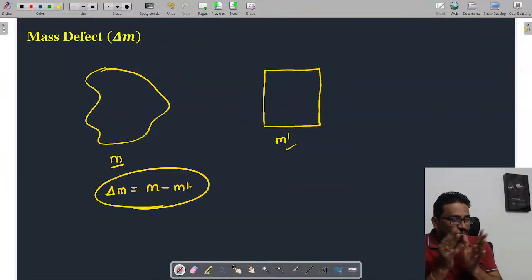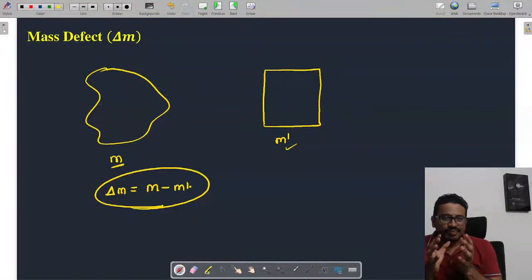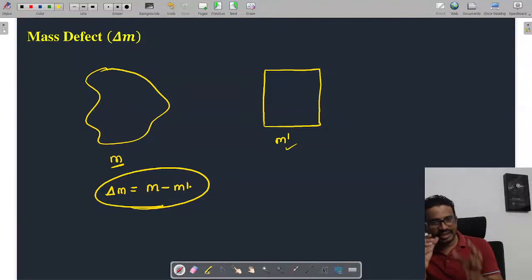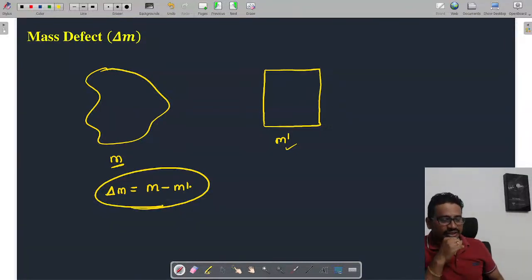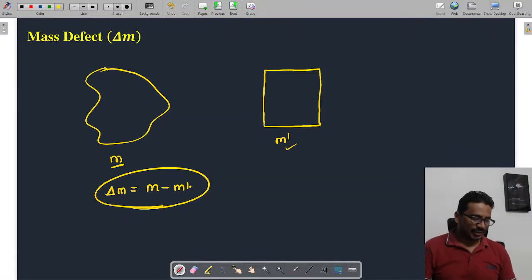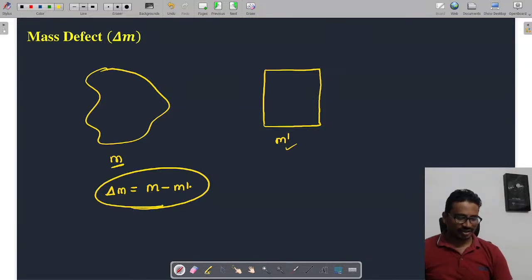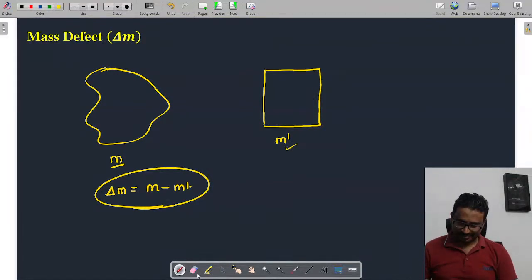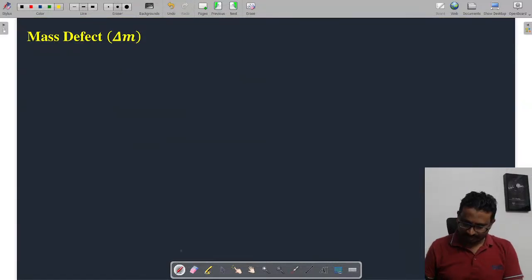So whatever the loss of mass is, that is called as a mass defect. Is it fine, all of you?